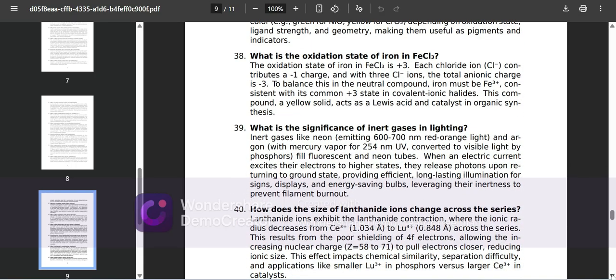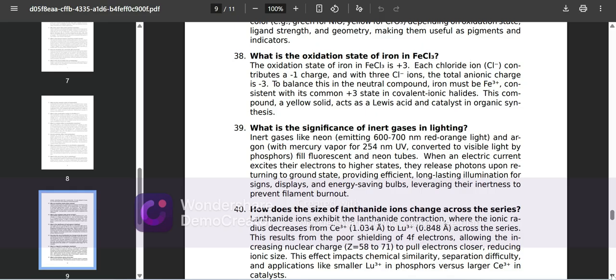What is the oxidation state of iron in iron chloride? The oxidation state of iron in FeCl3 is plus 3. Chloride ions, Cl minus, contribute a minus 1 charge, and with 3 Cl minus ions, the total anionic charge is minus 3.